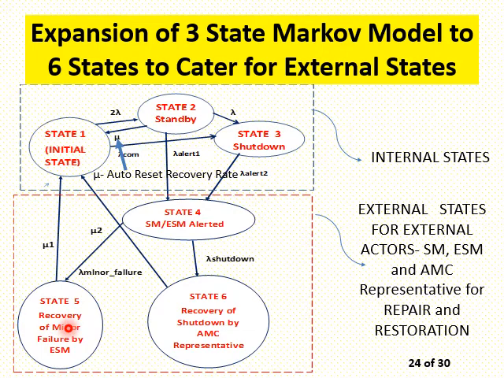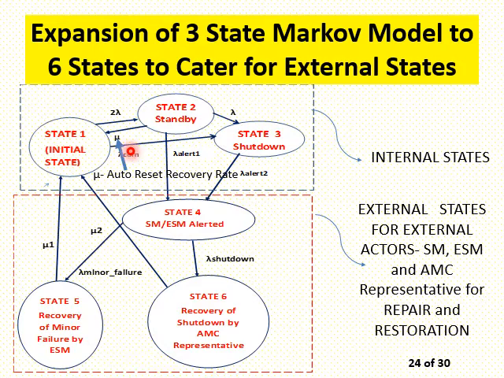So we have added extra states. We have expanded it to model the external actors, that is station master, ESM, and AMC. We are modeling it with external states for external actors for repair and restoration.